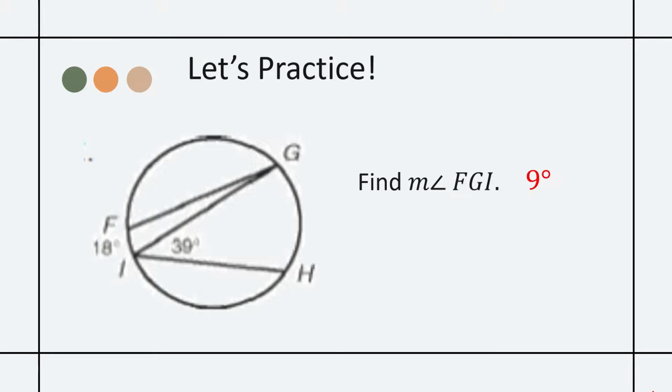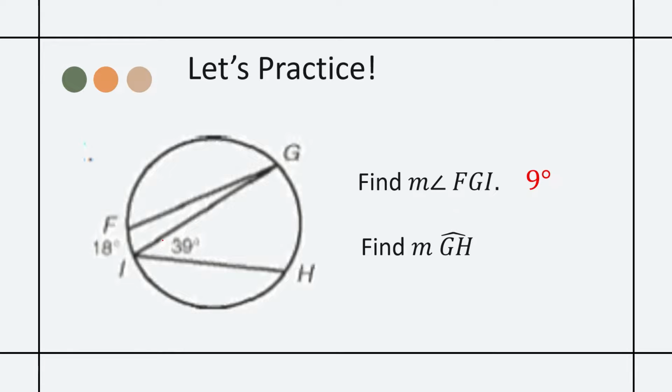This time, let's find the measure of arc GH. So, itong arc GH is an intercepted arc of angle GIH. Now, ang measure ng angle GIH is 39 degrees.